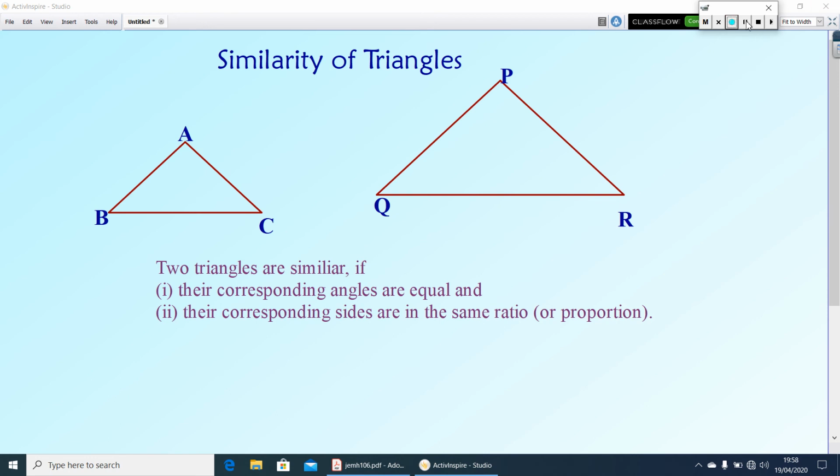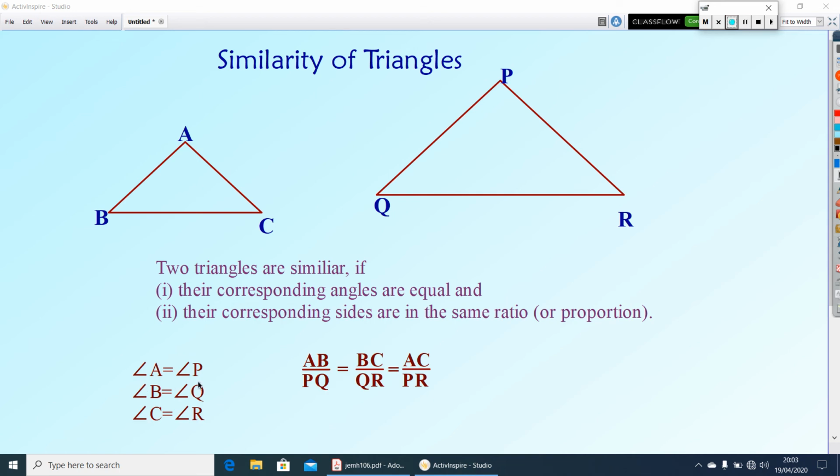Here in triangles ABC and PQR, if these two triangles are similar, you can say angle A is equal to angle P, angle B is equal to angle Q, and angle C is equal to angle R. That means the corresponding angles are equal and their corresponding sides are in the same ratio or proportional.